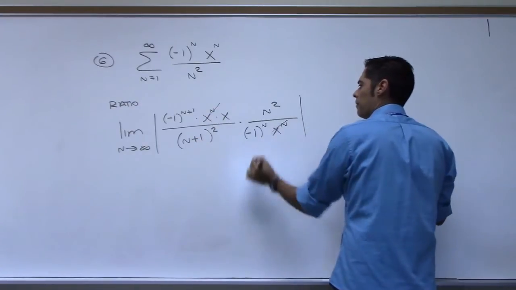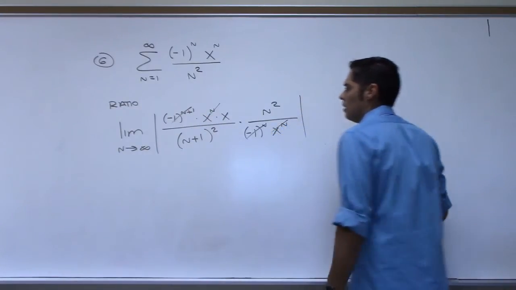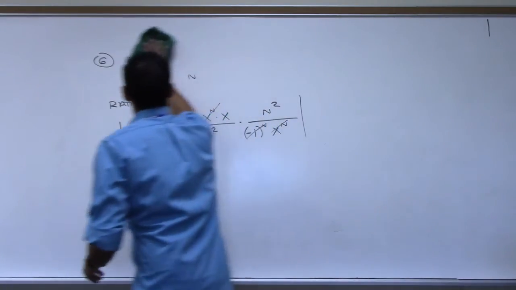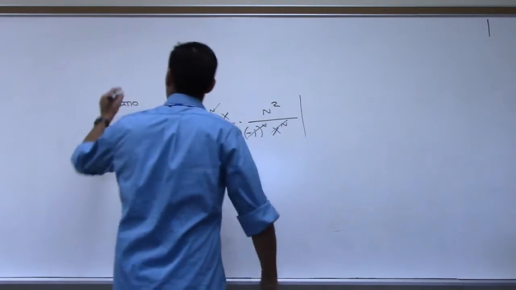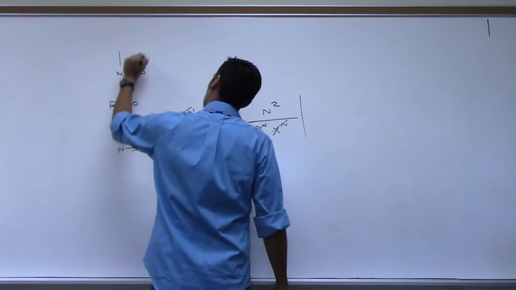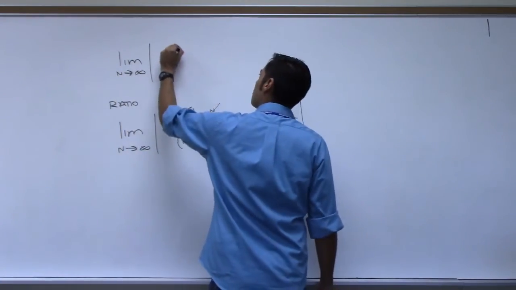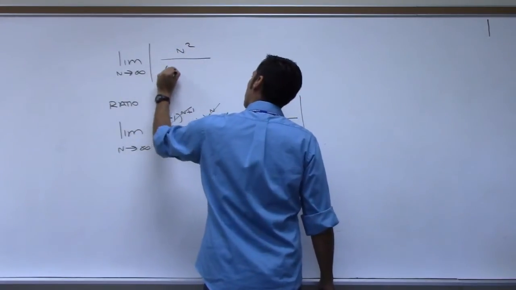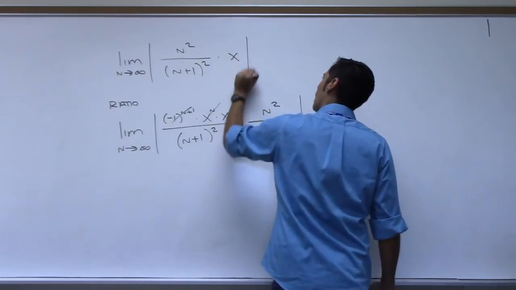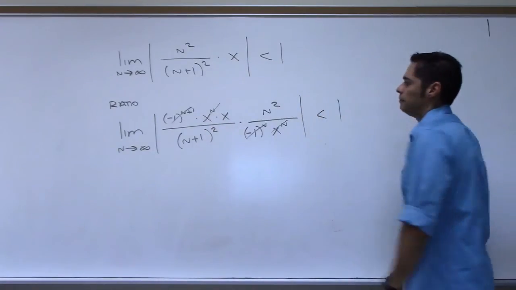Cancellation here. These don't matter. And now I'll split off my n squared stuff from my x's. So limit n goes to infinity. Let's see. N squared over n plus 1 squared times, again, I've got x there. I need that less than 1. Oops, I forgot less than 1.